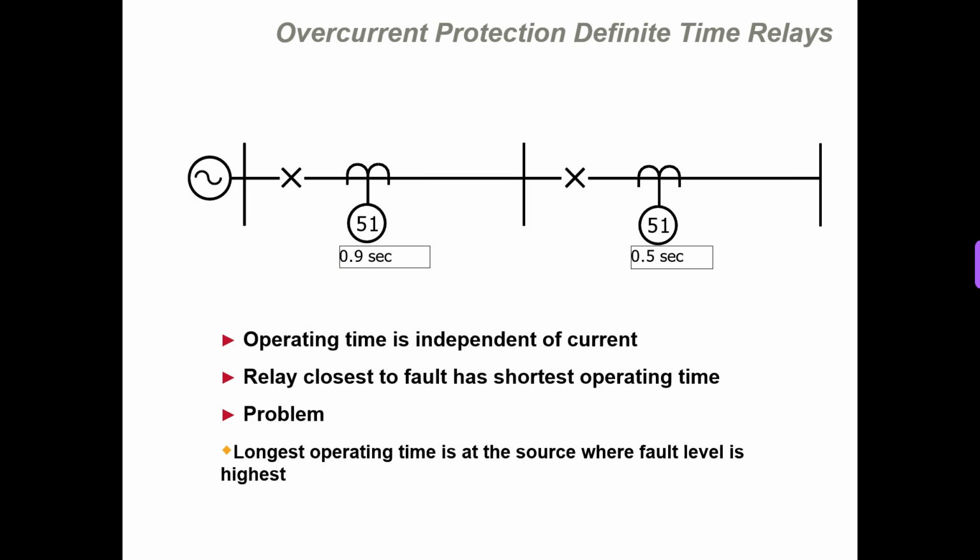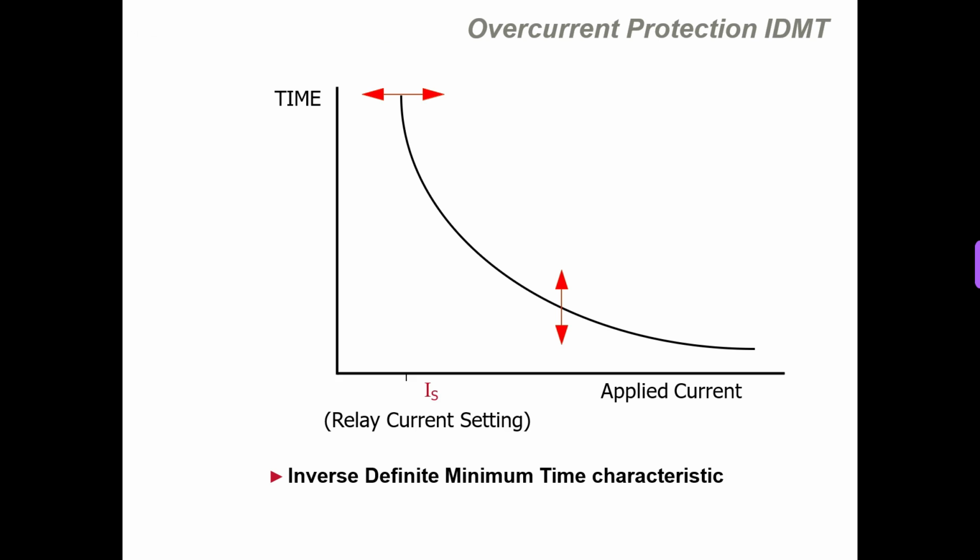So there are chances of larger damage if we implement definite time-based relays for the protection system. We will again discuss these concepts in the upcoming slides. This first session, we are keeping only for understanding of basic concepts.